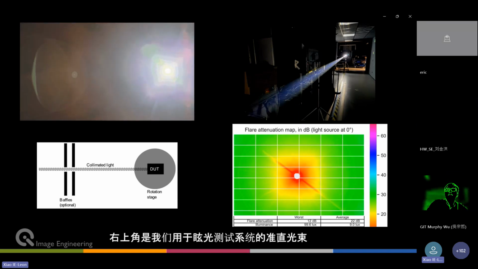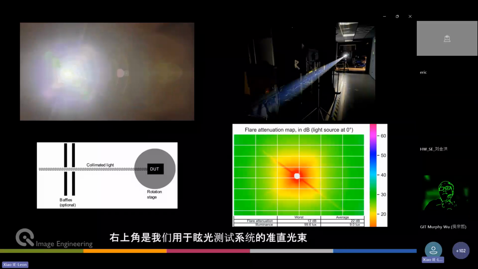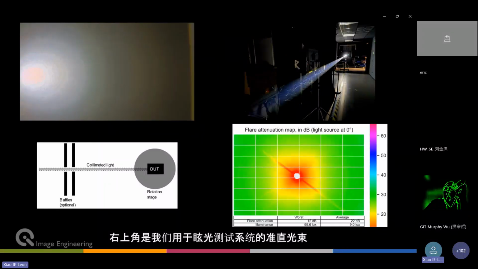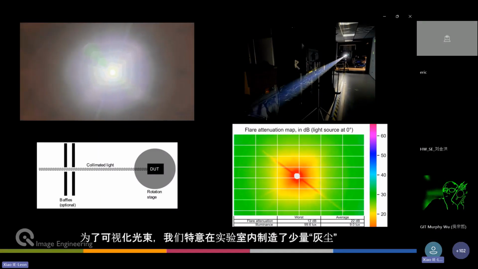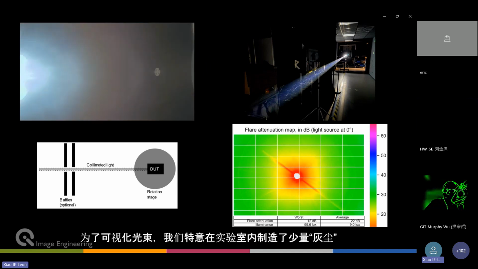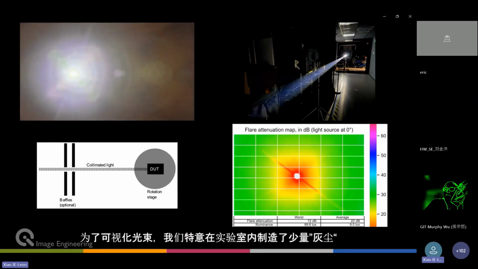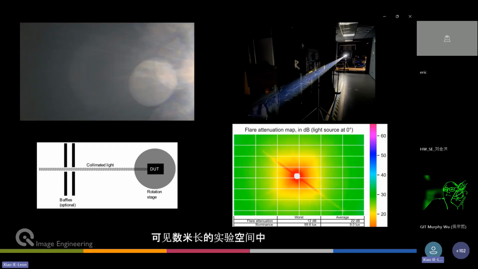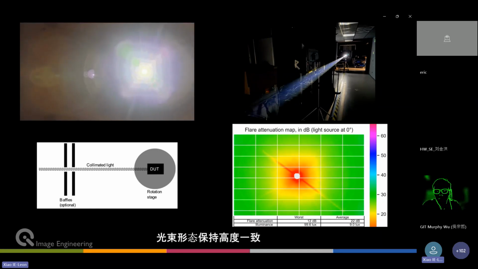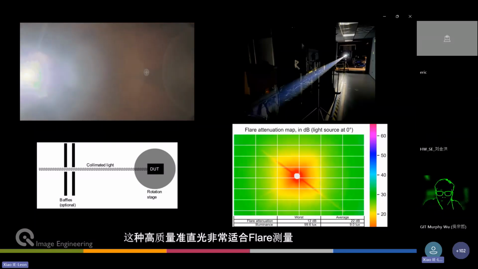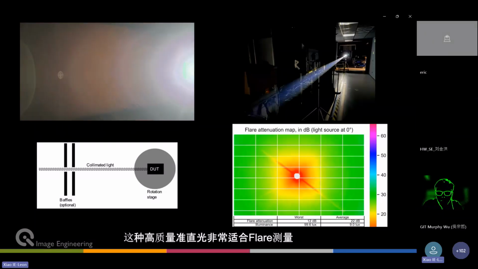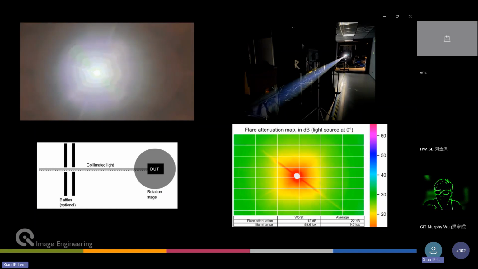And in the upper right, you see the collimated light beam that we create with our flare light source. We actually had to make some dust in the room so that you can actually see that. So you see over the entire length of the lab, several meters, it's exactly the same shape. So that's very nicely collimated light that can then be used for the measurement.